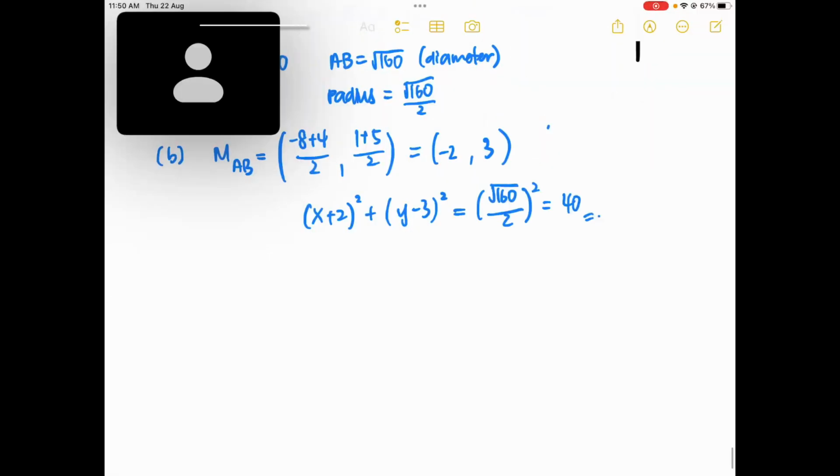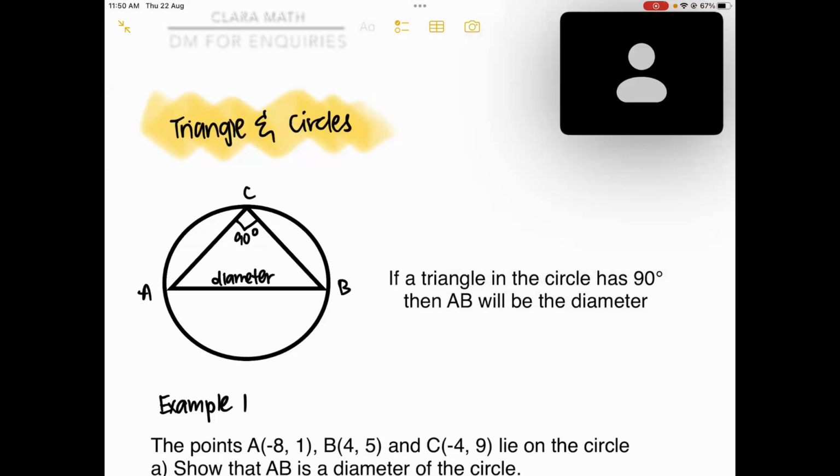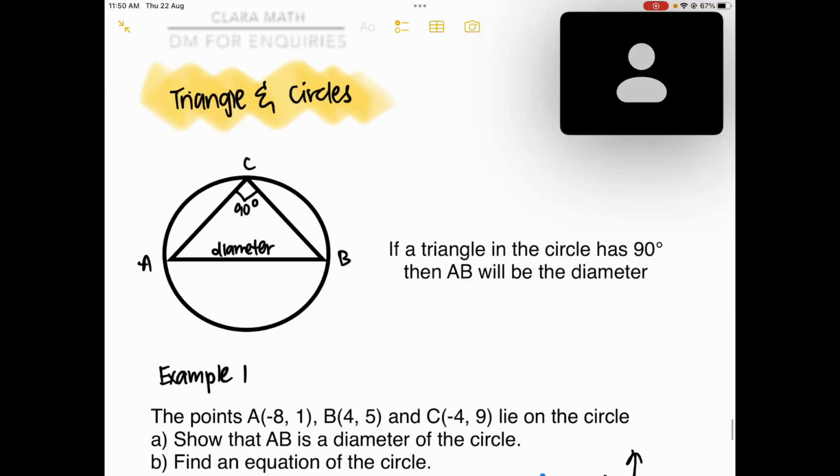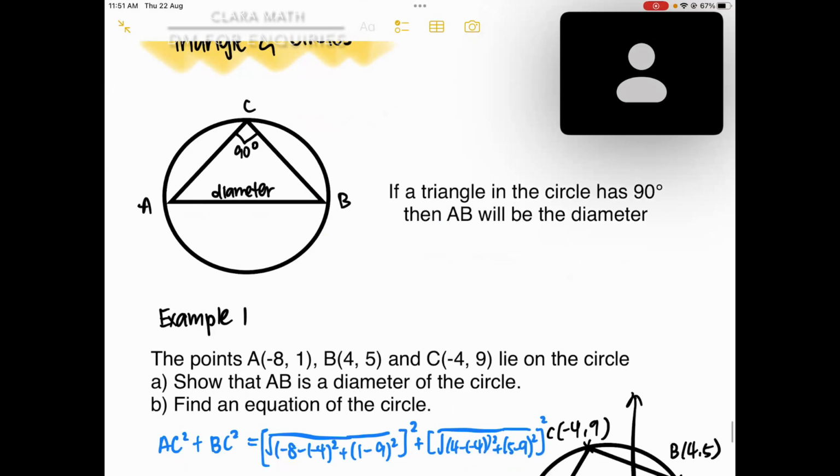Okay. Okay, this last part of the chapter is on triangle and circles. So if you have a right angled triangle in a circle that touches all the circumference corners, then the A to B, the longest length, will be the diameter.